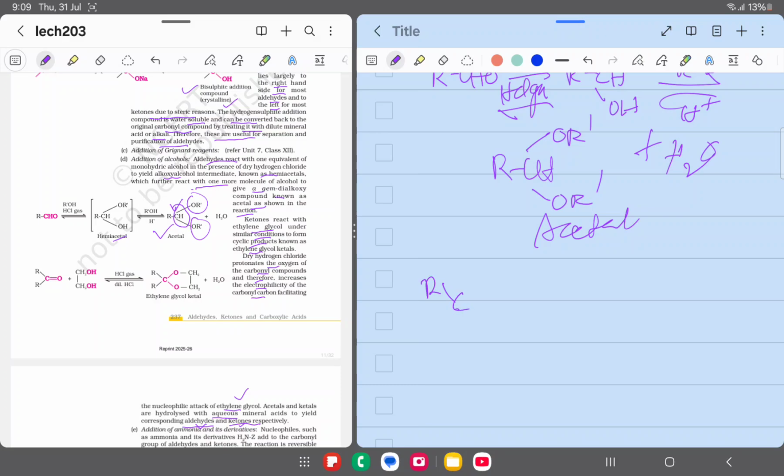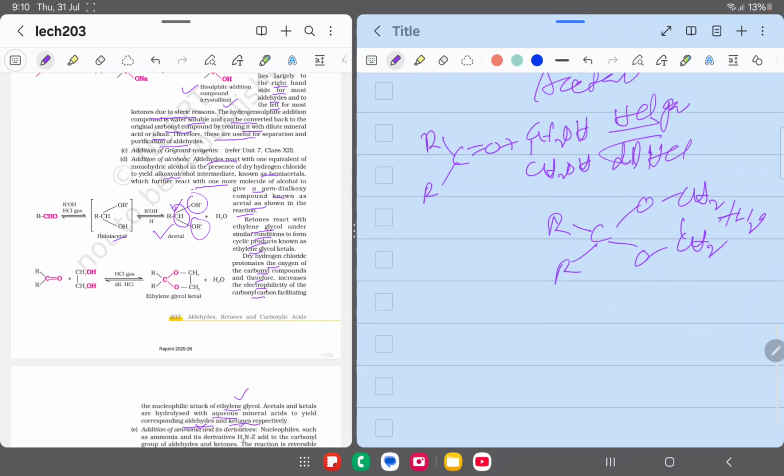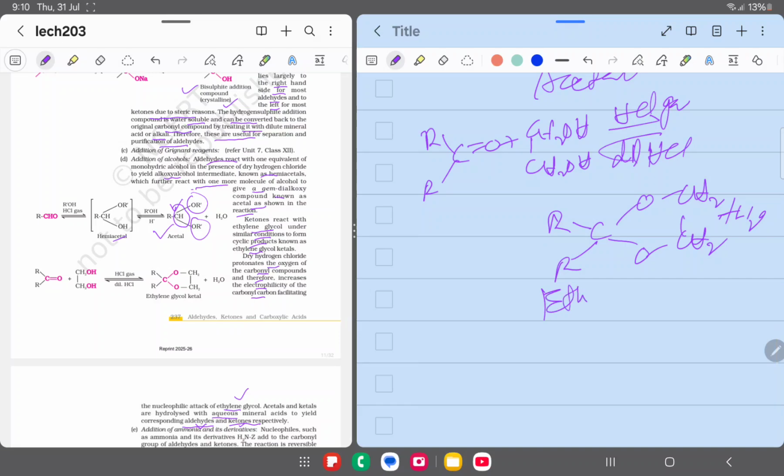So ketones on reaction with ethylene glycol, HCl gas, then dilute HCl. This is the ethylene glycol ketal.